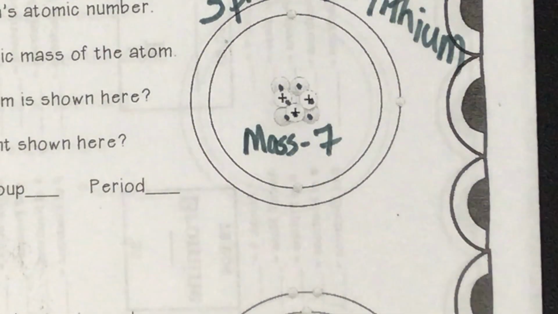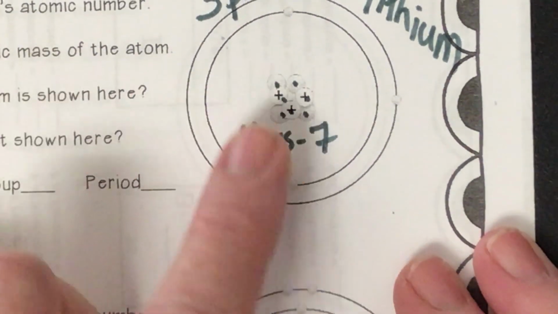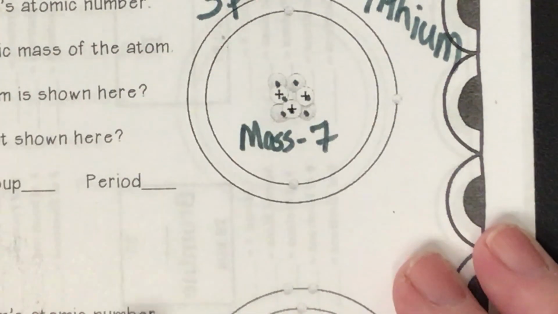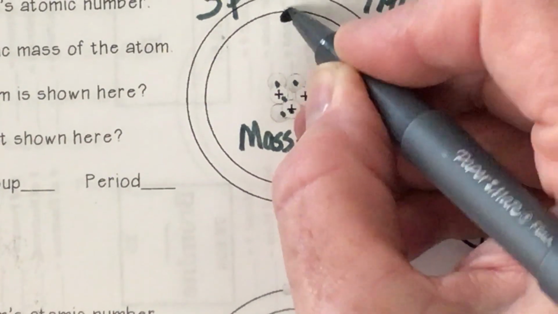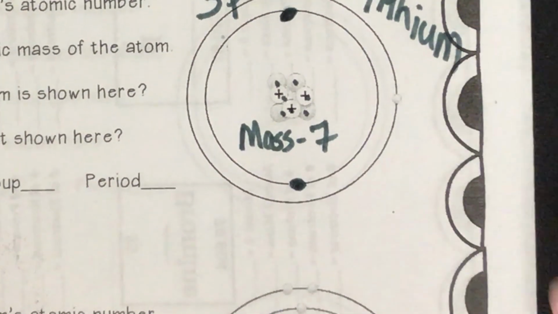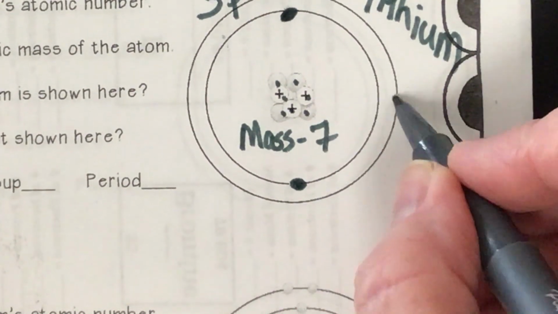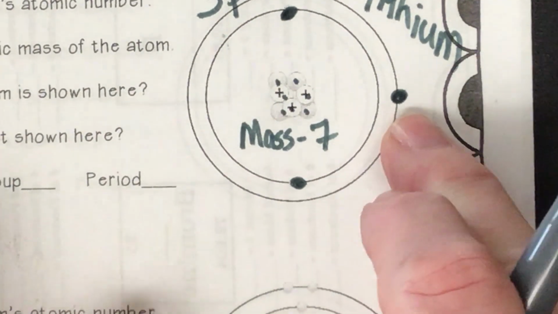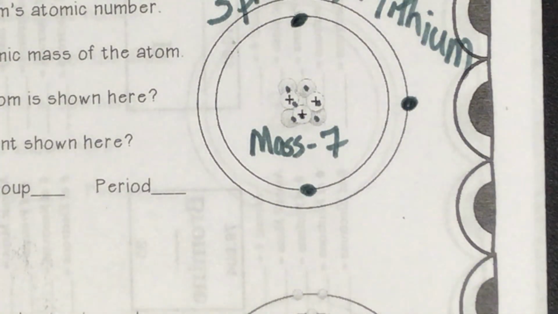If we have 3 protons, how many electrons do we need? 3. So we've got 1 valence electron. Reactive or not reactive? Reactive, because it's likely that element will be taken by another element to have 8.